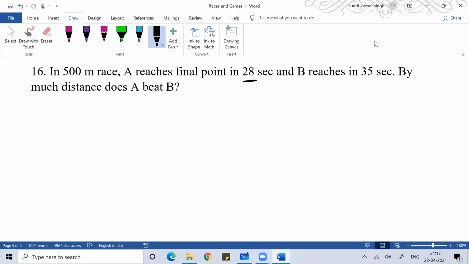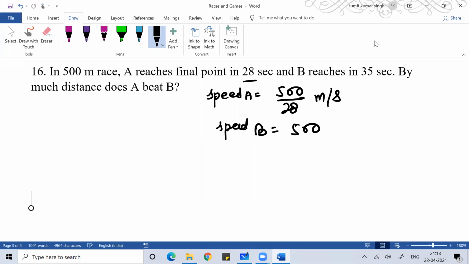So first thing you can do is find the speed of A and B. The speed of A is 500 by 28 meters per second. The speed of B is 500 by 35 meters per second.